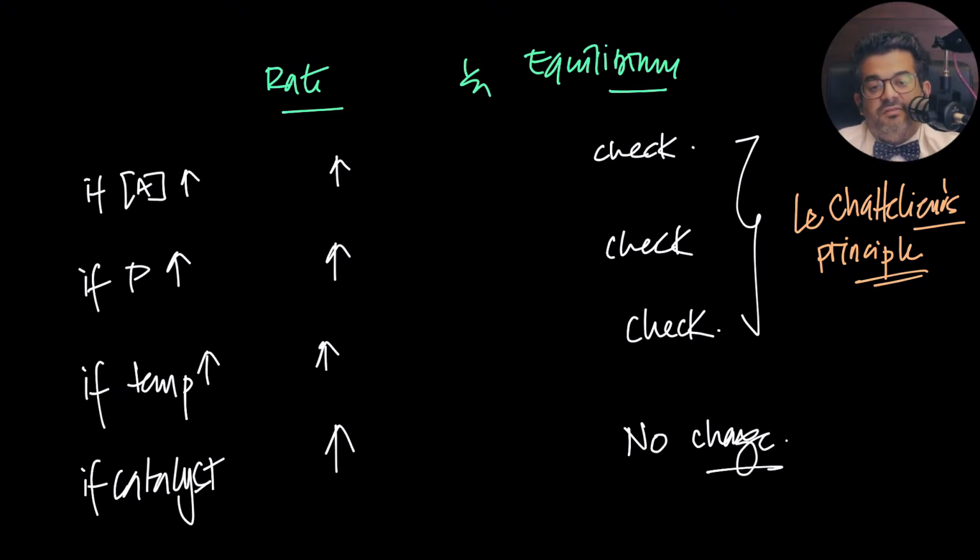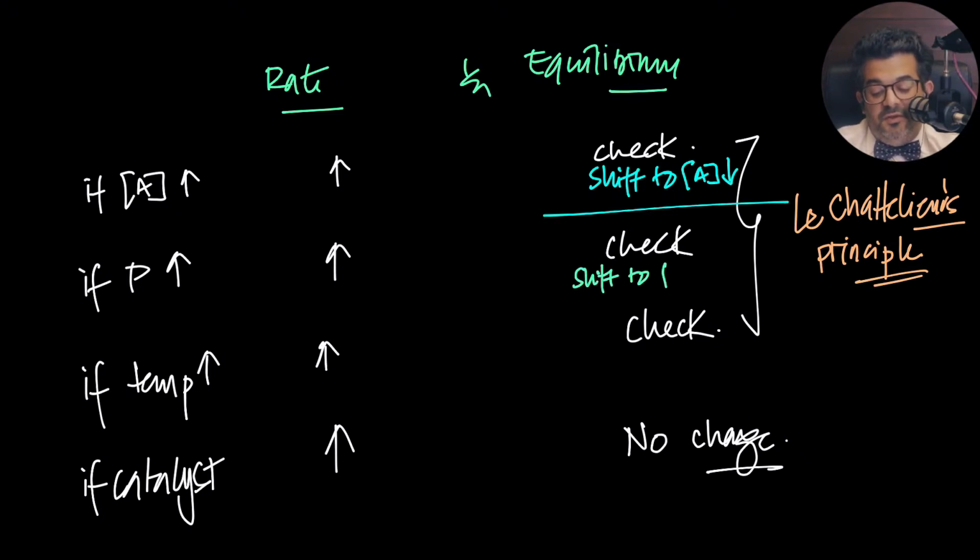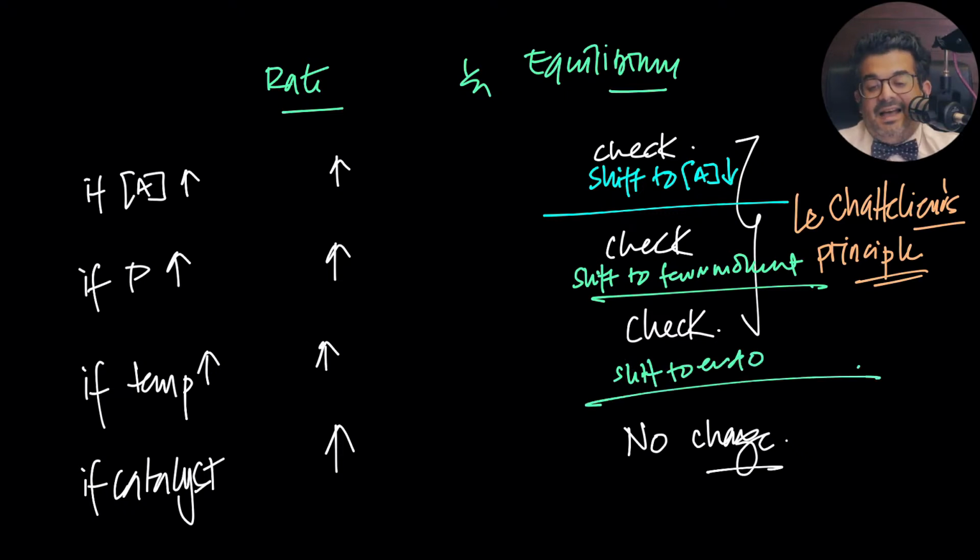But you got to check from the equilibrium which side will decrease the concentration of A. Remember, the equilibrium will shift to decrease A. For example, in pressure, it will shift to fewer molecules of gas. And if temperature is increased, it'll shift to endothermic. That's what I mean by check. All right. Okay. That wraps up this 3rd lesson on Equilibria.